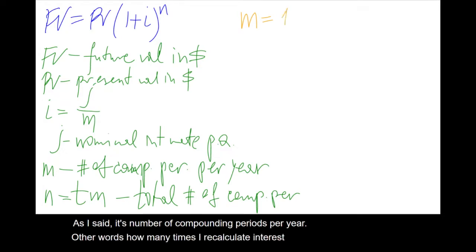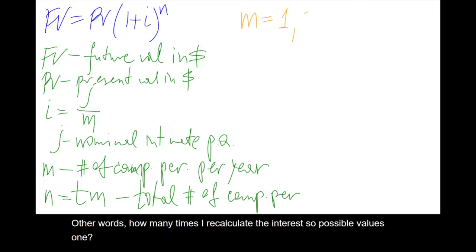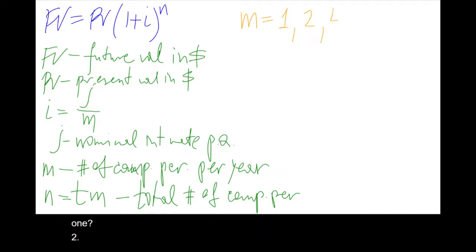So possible values: 1, 2, 4, then 12, 26, 52, 365. Those are the only values possible for m.